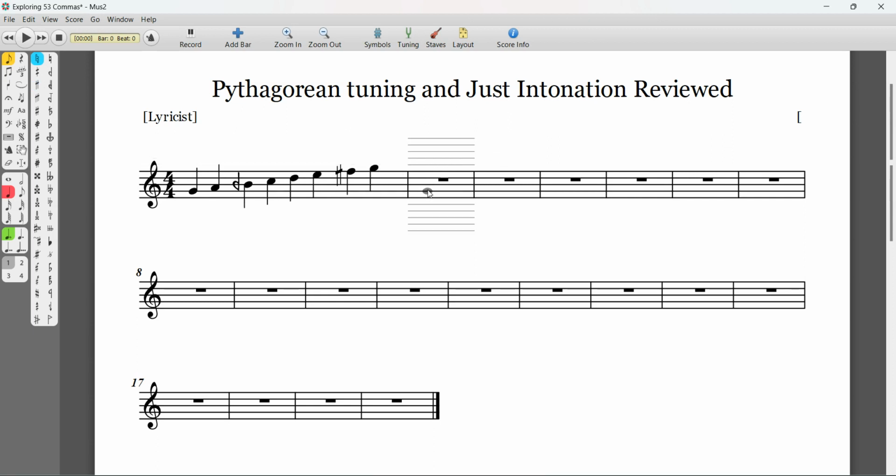Or we can get something closer to what the Turks will call makam ajem here. This would be some sort of B flat major, a Pythagorean B flat major.